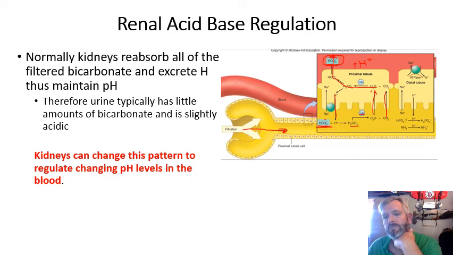I don't want my blood to be too acidic. What if I had low levels of protons? I would want less bicarbonate to buffer. So that is what's happening with these cells here at the proximal tubule. They can alter the amount of reabsorption of this bicarbonate depending on the acidity of the blood.